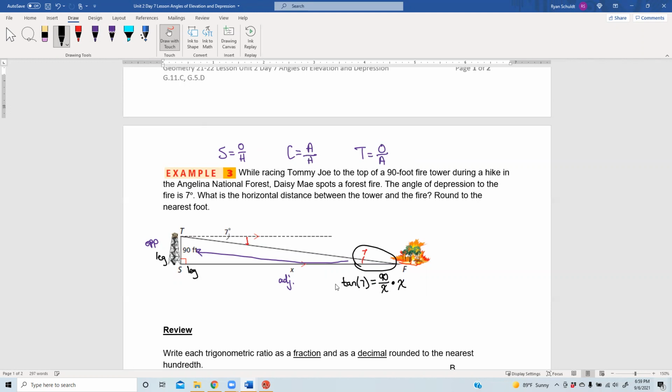Multiply by x on both sides. So the x times the tangent of 7 equals 90. Divide by the tangent of 7.